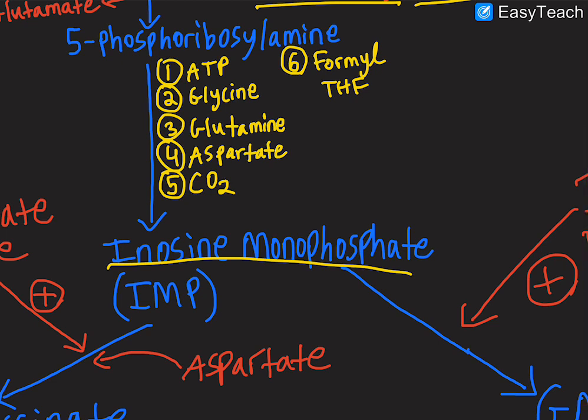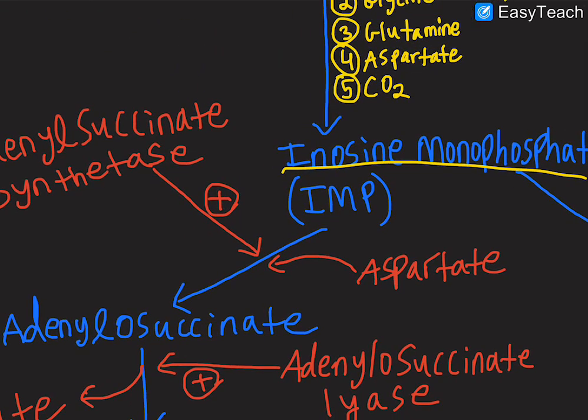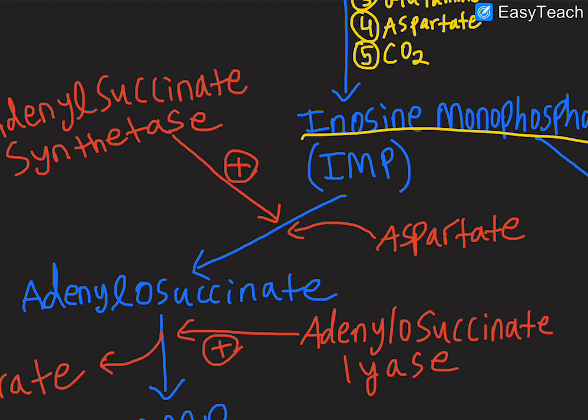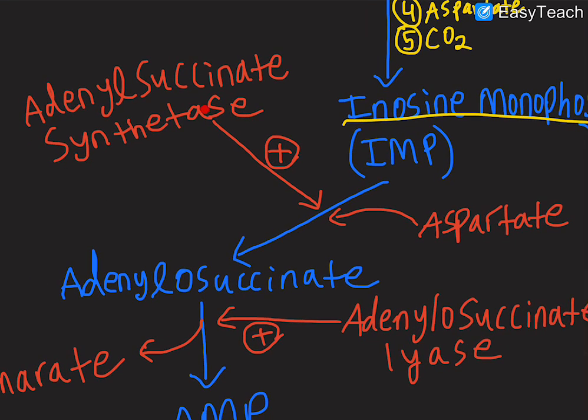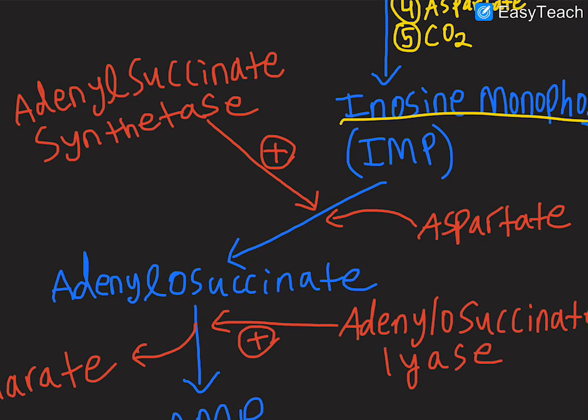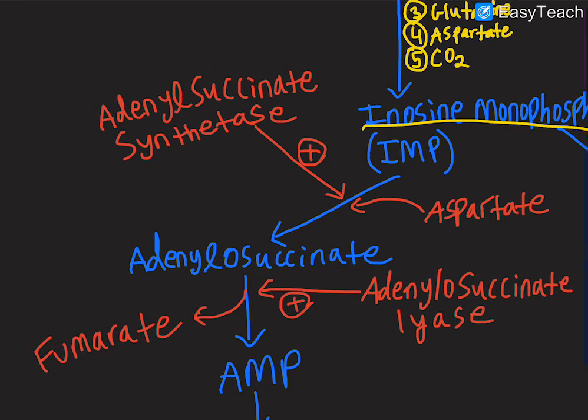So let's see how that happens. First, let's go through this pathway. We can take IMP and use adenylosuccinate synthetase to convert it to adenylosuccinate. That makes sense because the enzyme is adenylosuccinate synthetase, so we're synthesizing adenylosuccinate. Now that we have adenylosuccinate, we can make AMP from here with the help of the enzyme adenylosuccinate lyase.